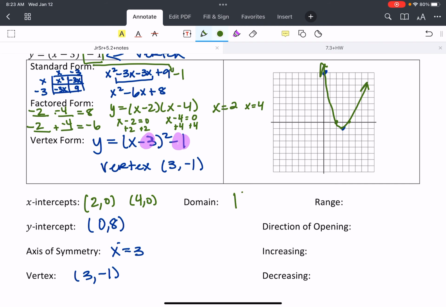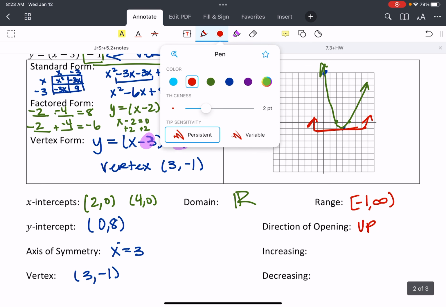Our domain is all real numbers. Our range, here's our hard stop, and we're pointing up. So we get hard stop at -1, and we go to infinity. Our direction of opening is up.